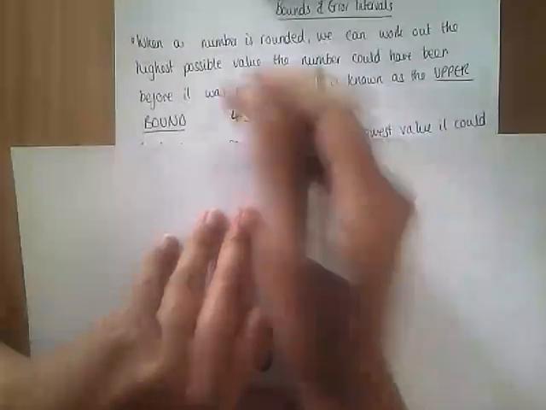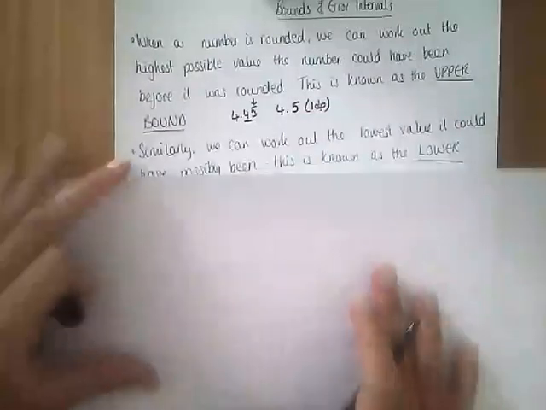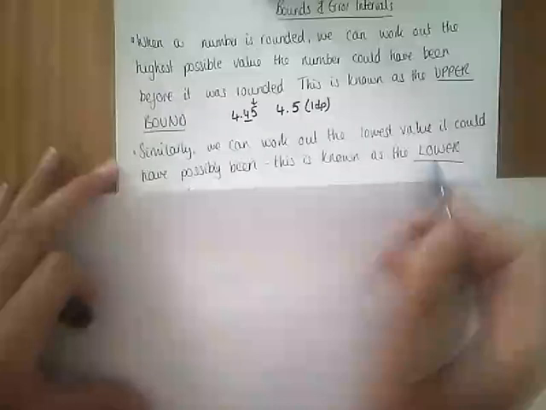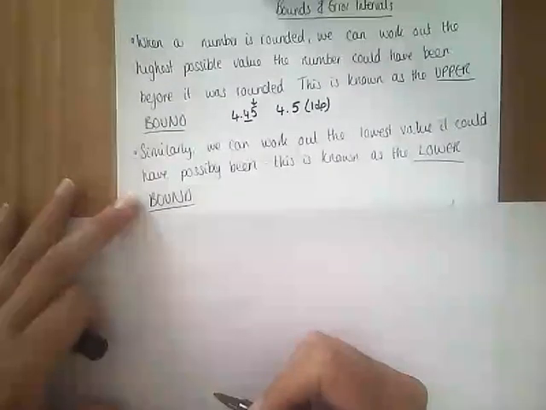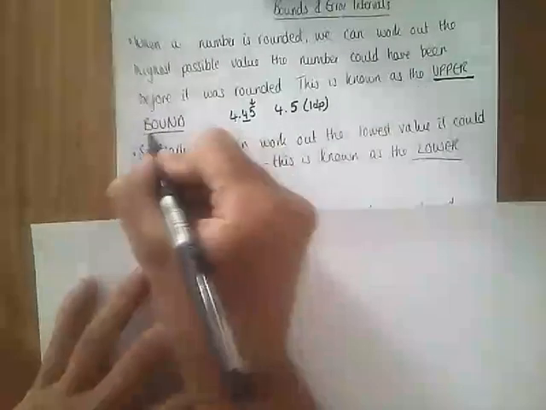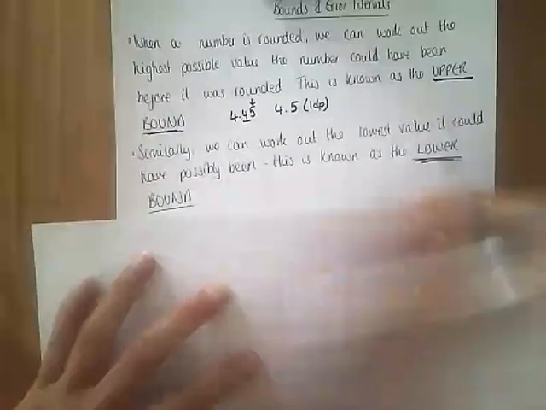If we want to work out the lowest value it could have possibly been, this is known as the lower bound. So we're talking about the highest number it could possibly be, which is the upper bound, and the lowest number it could possibly be, which is the lower bound, okay?